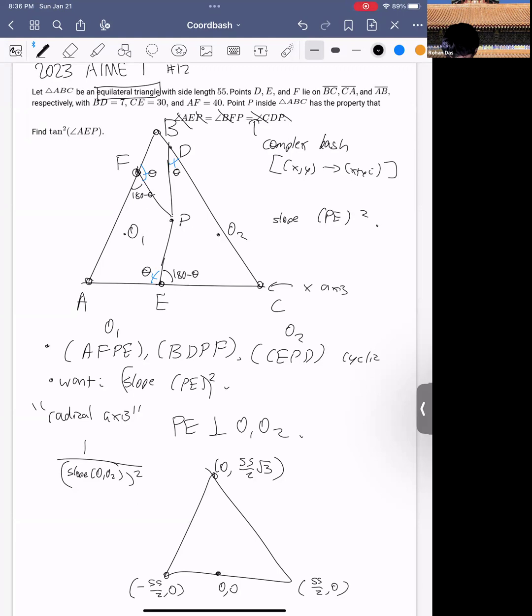And we can also write out F, which is 8 over 11ths of the way from A to B, which means we can write it as 40 over 2 root 3 and negative 15 over 2.